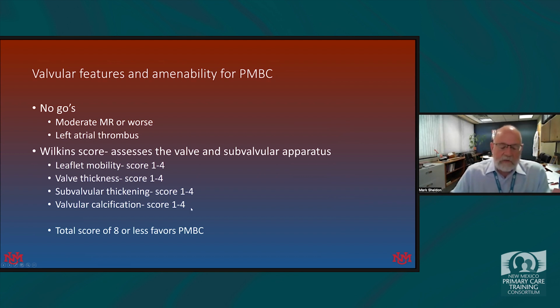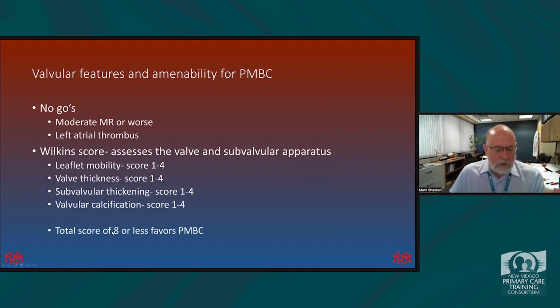Bottom line is, it takes a fairly experienced operator to do these gradings. Usually it's done, as I mentioned before, in a heart team approach, where surgeons and interventional cardiologists and non-invasive cardiologists get together and come to a consensus on the score as to whether it's reasonable to pursue a valvuloplasty or not.